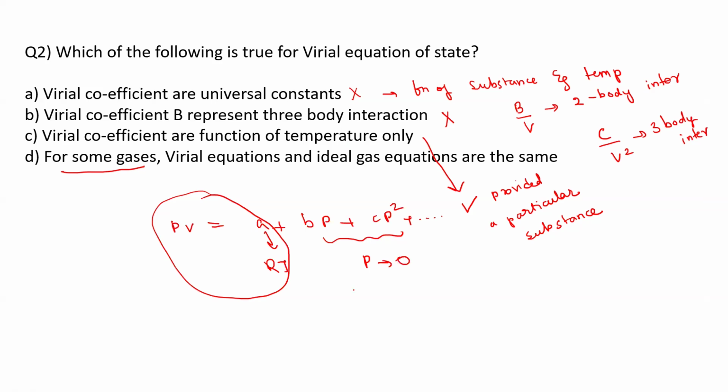So it's not possible for all gases, it is only at very low pressure. So not for some gases, but for some range of pressures, that is, a very small range where P tends to 0, virial equations and ideal gas equations are the same.